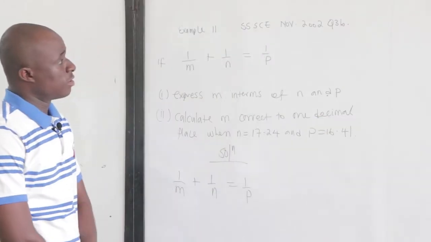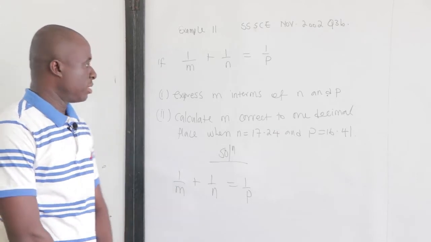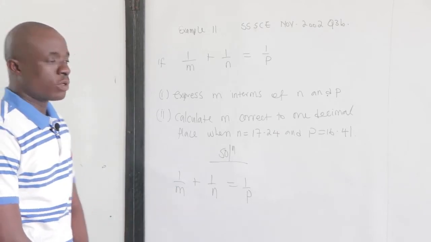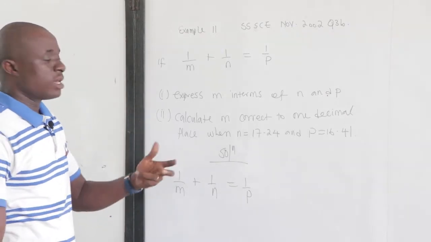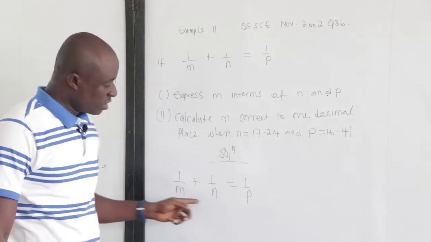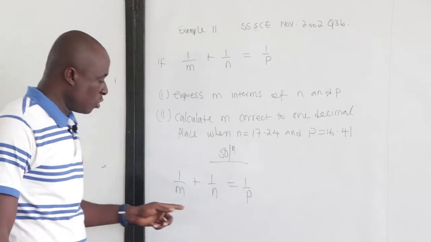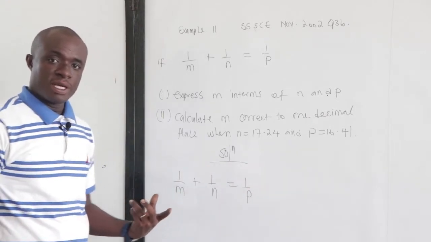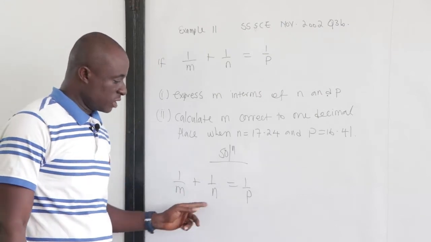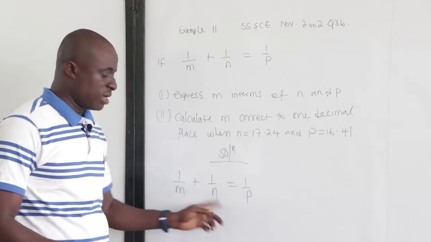Now that's NOVDEC 2002, question number 3b. It is saying that if 1 over m plus 1 over n equal to 1 over p, we should express m in terms of n and p. Now, this is in fraction form. What do we do? We multiply through with the LCM. In this case, what is the LCM? The LCM is the multiplication of the denominators, that is m, n and p.